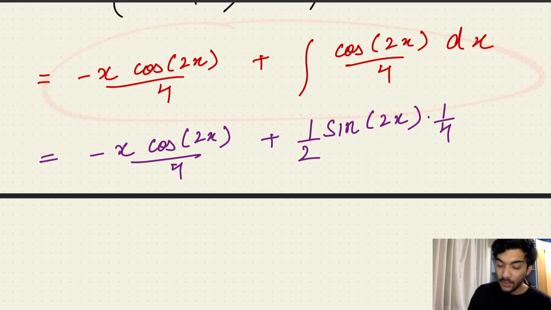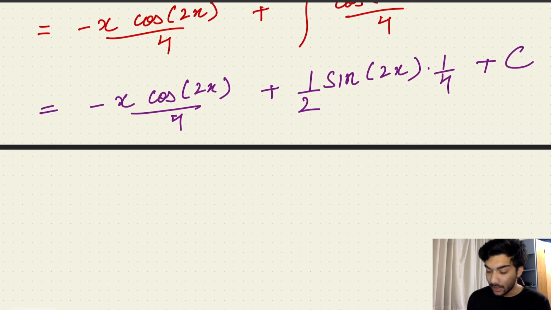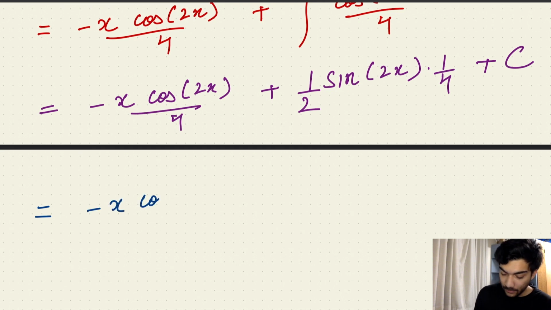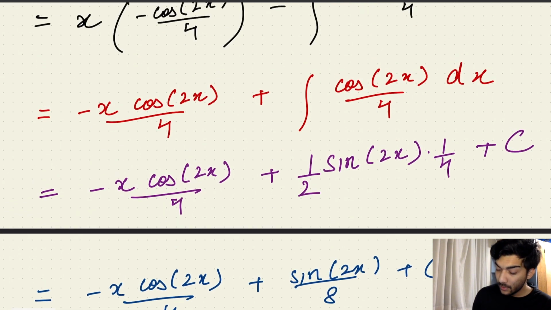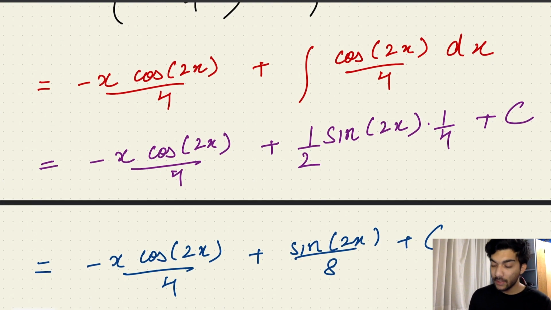And now since you also got rid of all the indefinite integrals over here, you'll add the constant of integration at the last. So again, your final answer in this case would be minus x cos 2x by 4 plus sine 2x by 8 plus the constant of integration over here.